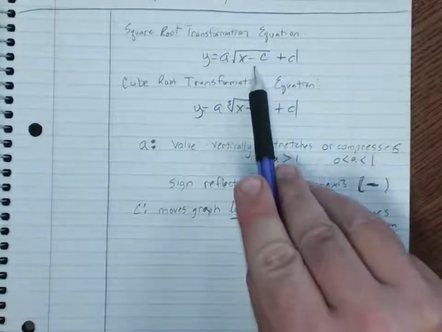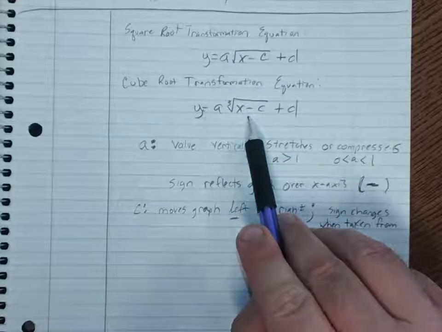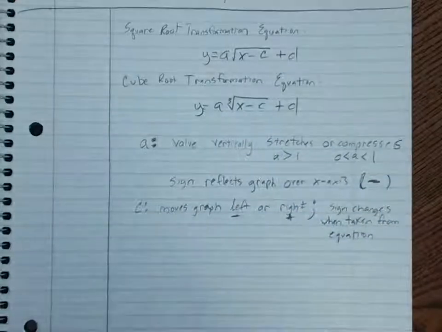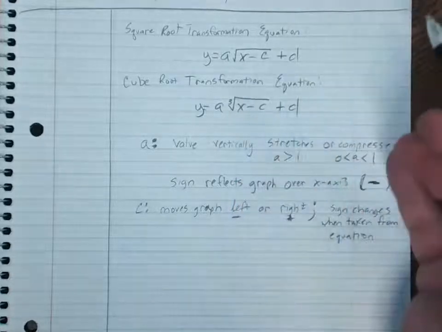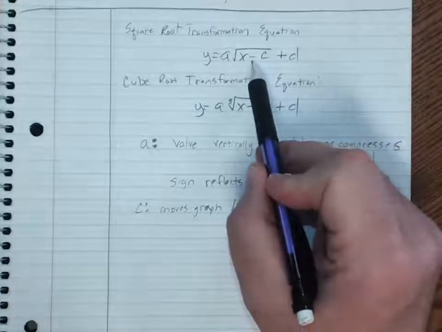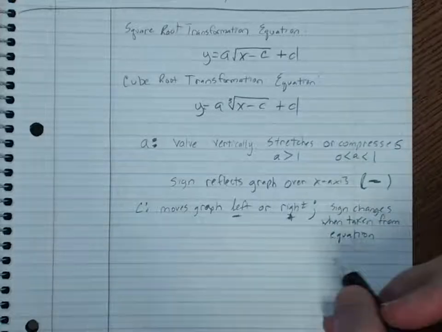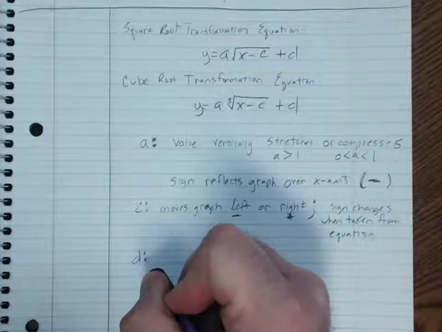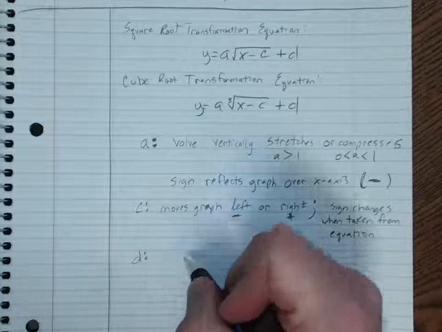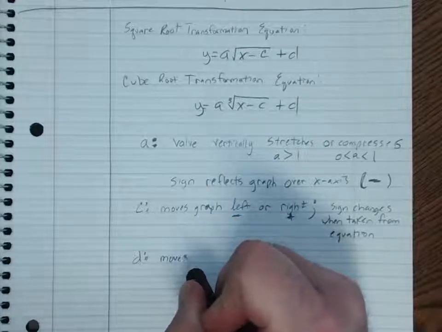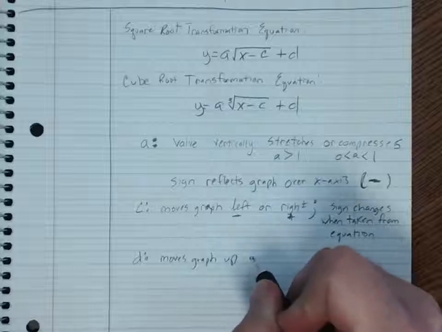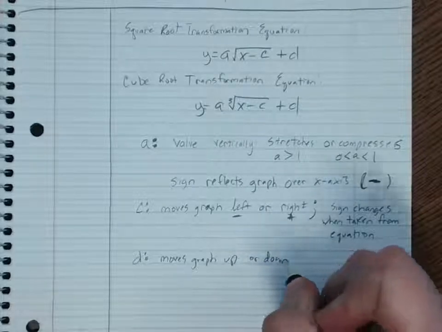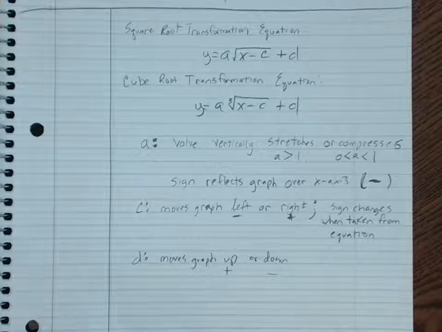Please note there's a negative in front of each of these C's in the equations. So if it looks like it's a negative C value, then in reality it's a positive C value. You have to adjust for that negative there. Okay, and then lastly we have the simplest of these, which is the D value. This moves the graph up and down. Up is plus, down is minus.